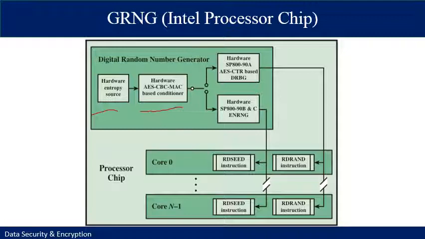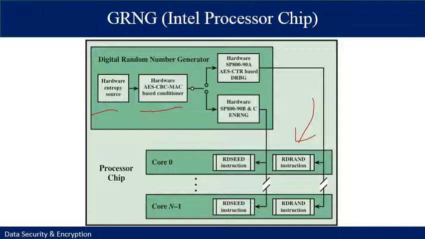While the hardware circuitry generates random numbers from thermal noise, its predecessor is still not fast enough for some of today's computing requirements. The output of the pseudo-random number generator stage is available to each of the cores via the RDRAND instruction.